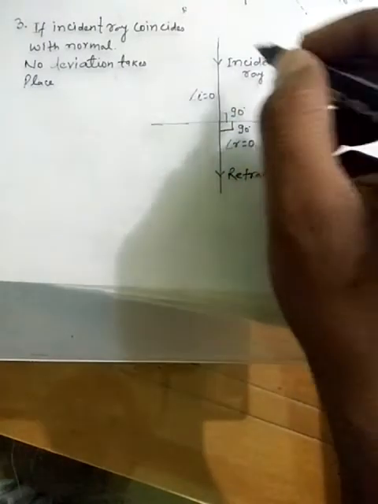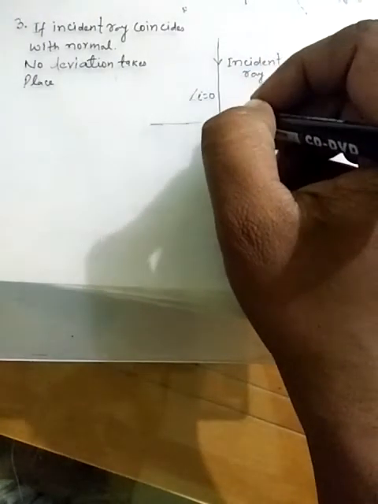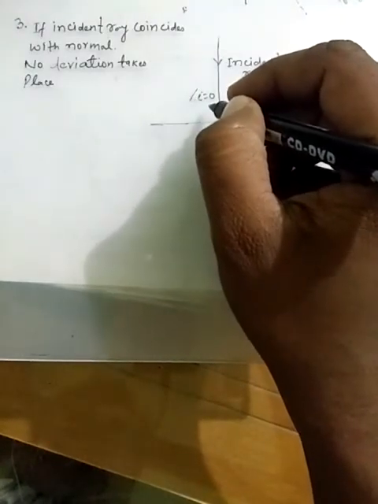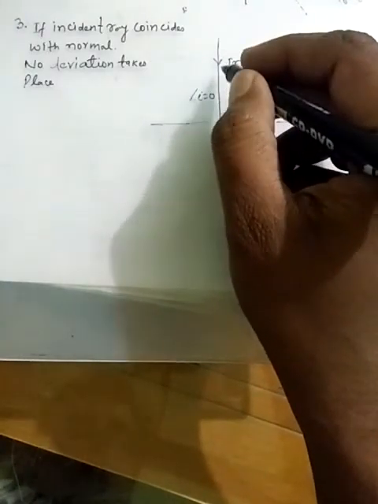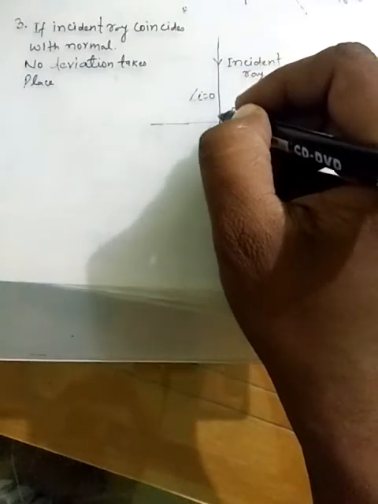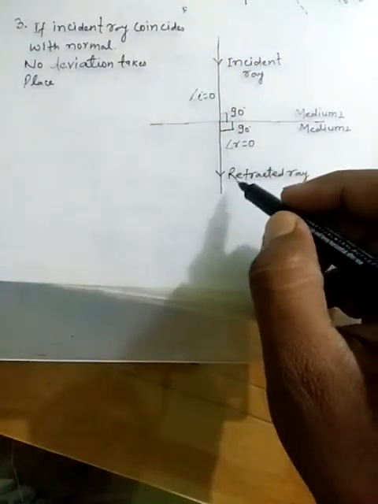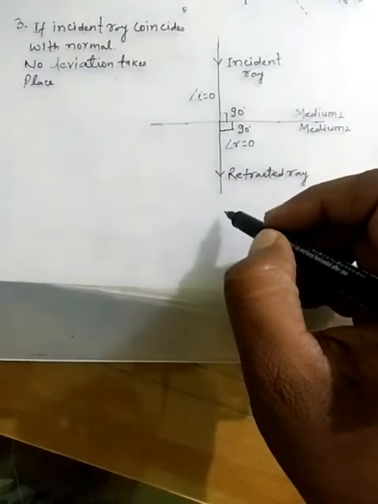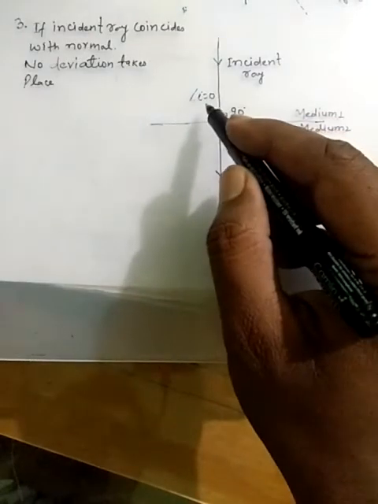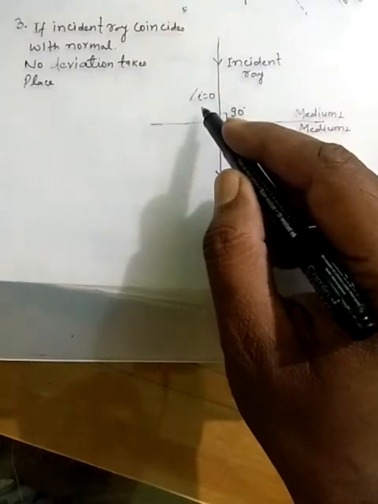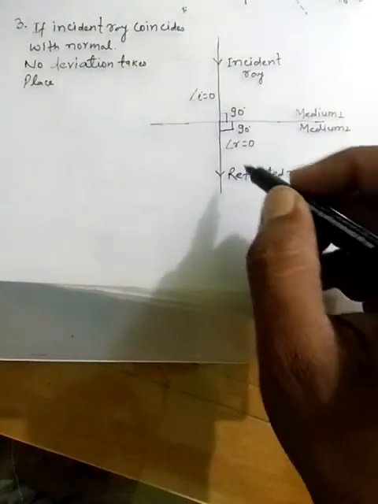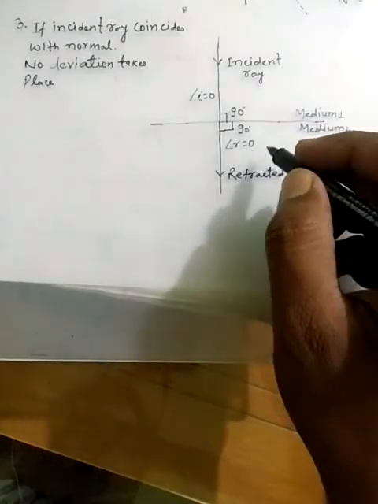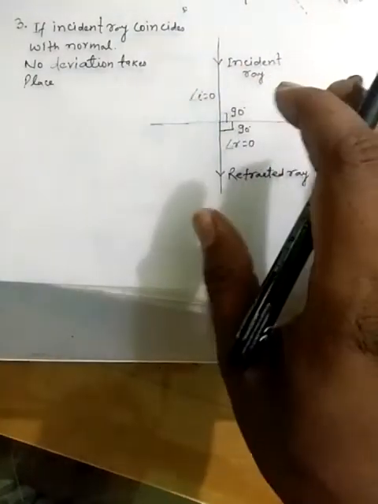The incident ray passes along the normal, that is the incidence angle is 0, and here we can see that there is no deviation in the path of the light. If the incident angle I is equal to 0, then the refracted angle is also equal to 0. There is no deviation.